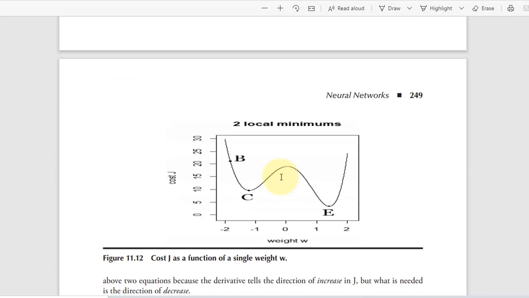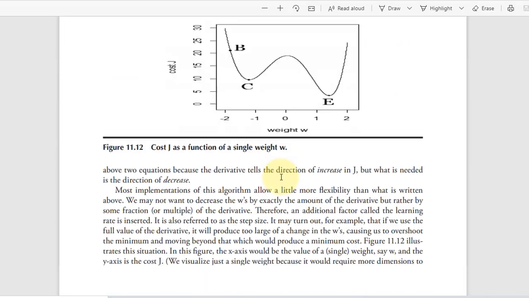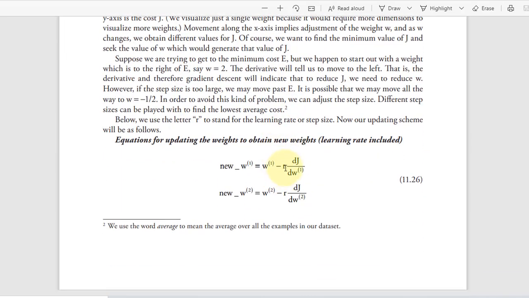So we throw in an extra constant here and here, and maybe this is only going to be a half. Then we're only subtracting a half of whatever the gradient is, or whatever the derivative is.